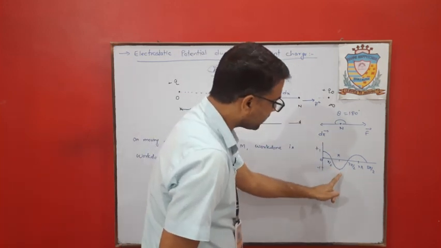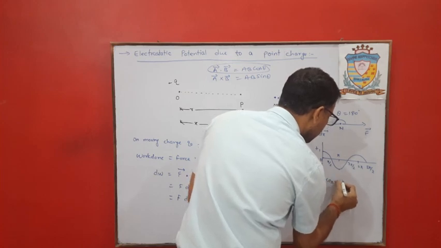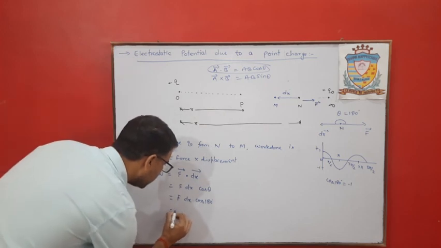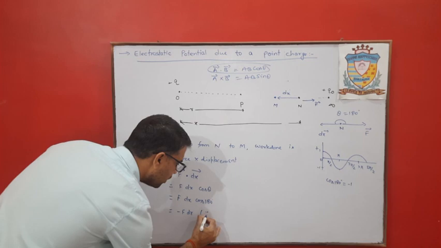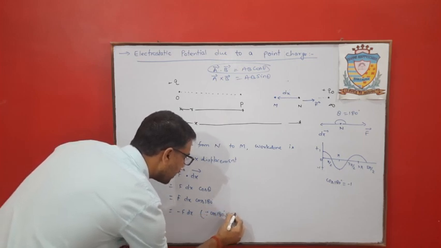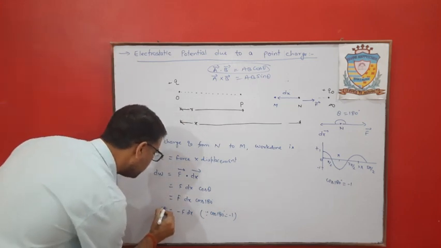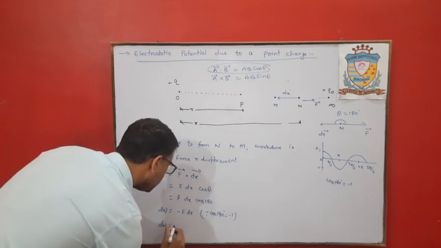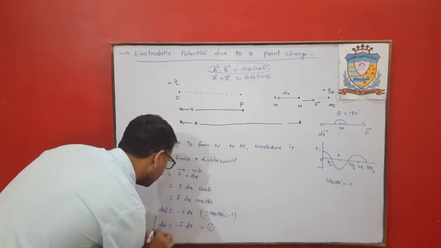So cos 180 degrees is equal to minus 1. We put this value here, so it becomes minus F dx. So dW is equal to minus F dx. This is our equation number 1.